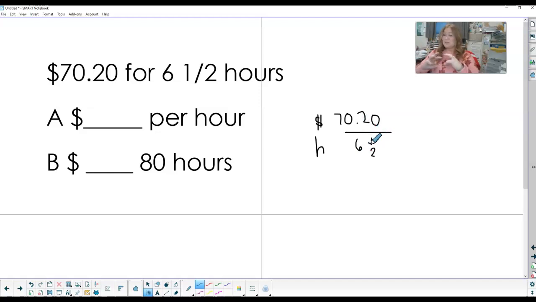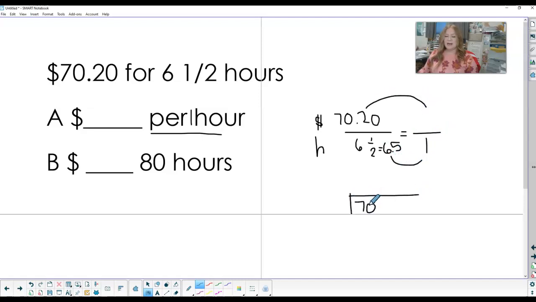So I notice this is in decimals, this is in fractions. We can change them to each other, but we can't use both of them at the same time. It's going to be easier if we change it to decimals. So I'm going to say this is really 6.5. Those are equal to each other. So this wants to know per 1 hour. So we're dividing by 6.5, dividing by 6.5.